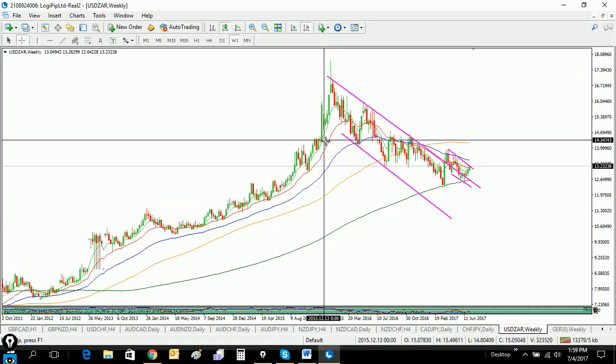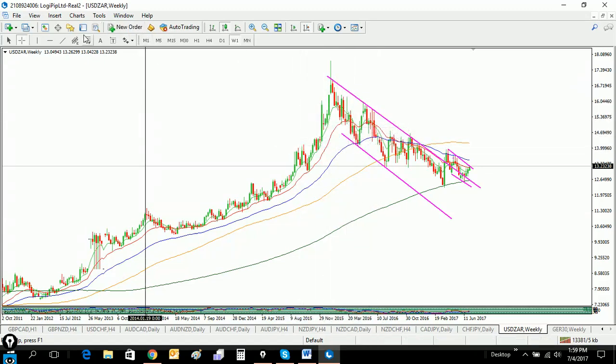So let's have a look here at possible target areas. Initially we've got this impulse here on the left hand side, and I'm just going to look at it from this previous corrective structure move, from there to the top here, and I'm excluding that top spike at the moment. That was a fundamental spike really, so I'm just looking at this key weekly structure over here.